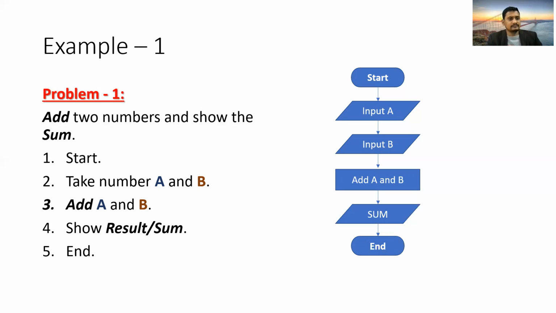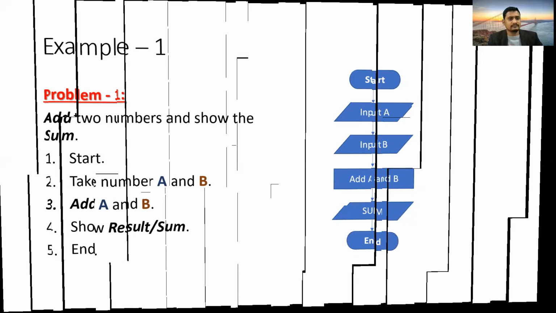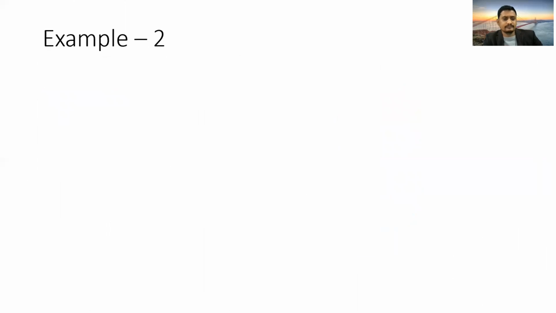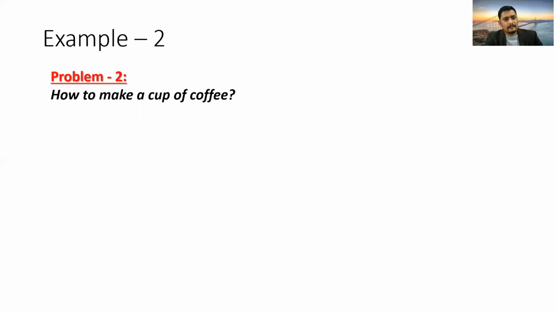Okay, we see the next example. Example 2. Here the problem is how to make a cup of coffee. If we consider the statement, or the steps of solving the problem, then we have to start our work.